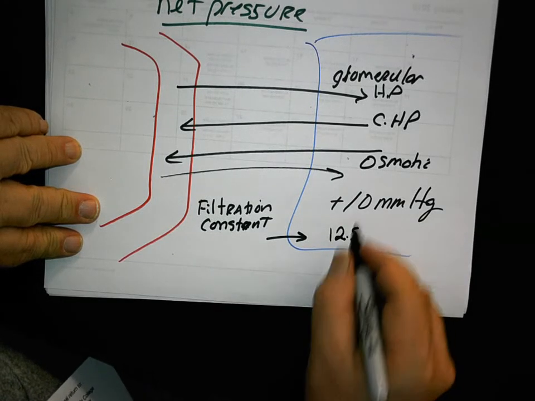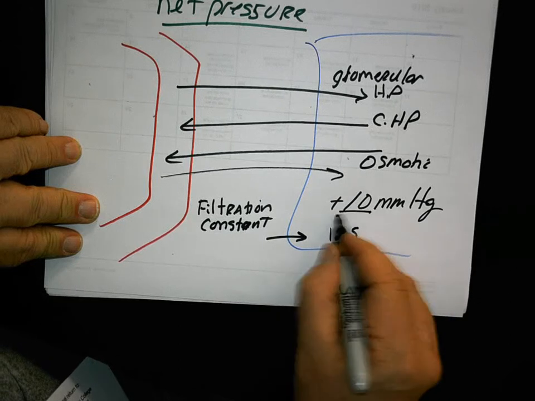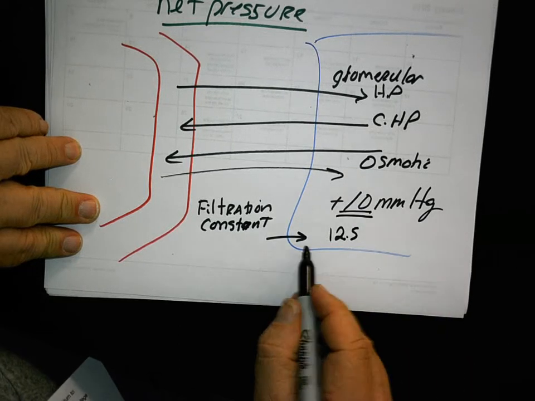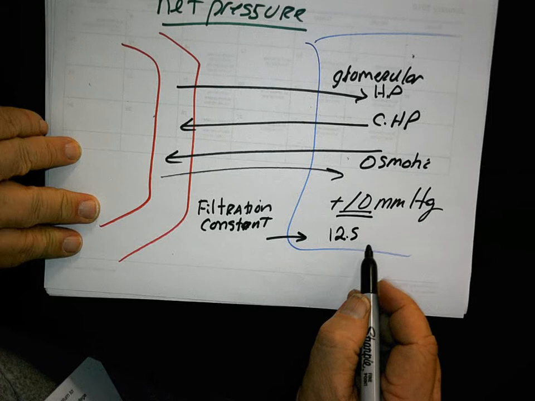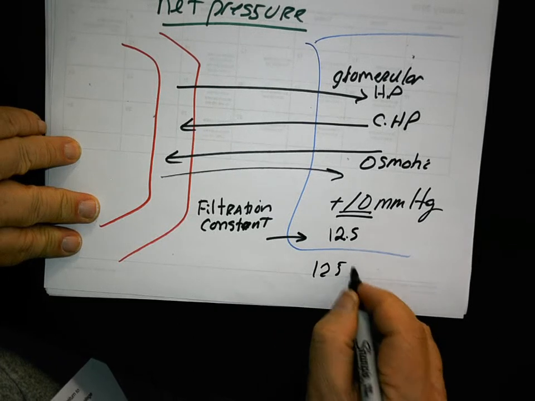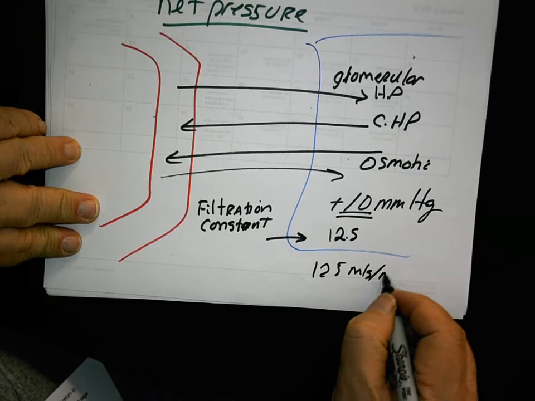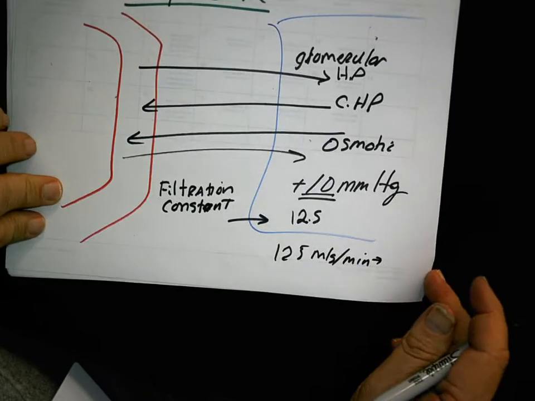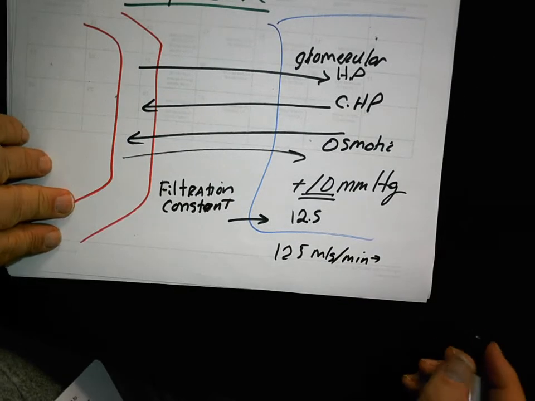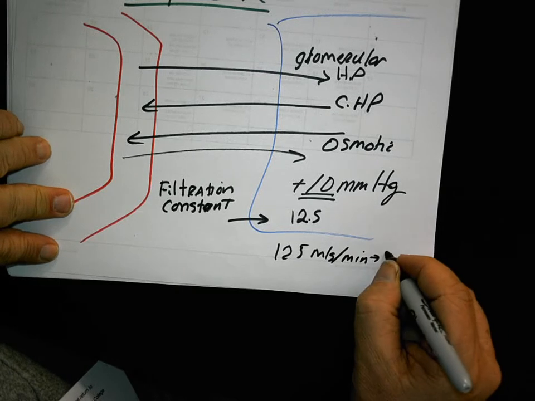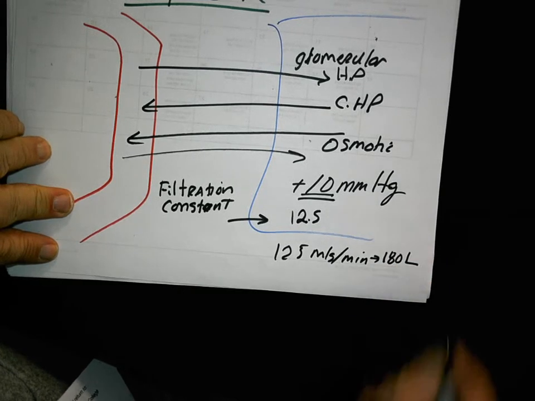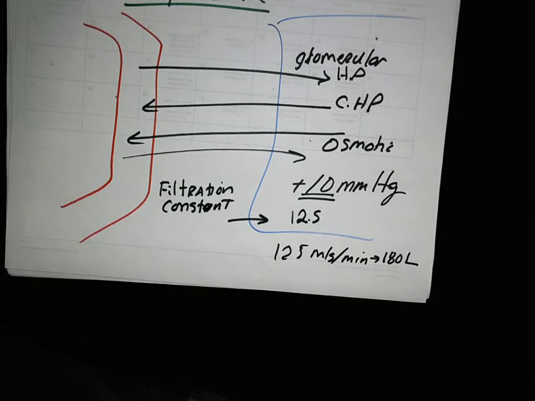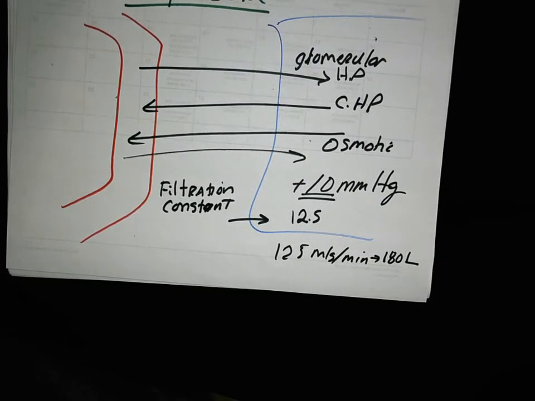So you multiply these, because if you normally have 10 millimeters of pressure, and the constant is 12.5 mils per millimeter, you have 125 mils of filtrate made per minute. Which shows up to be how much? 180 liters a day. Thus the need for reabsorption in the loop and the proximal convoluted tubule.